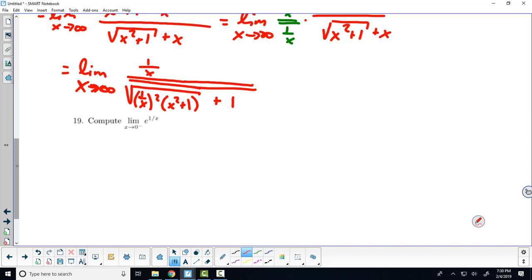No. Okay, so I'm distributing this 1 over x to both terms in the denominator, right? When I distribute the 1 over x to the second term, you see I get 1 over x times x. That gives me that 1 there. When I distribute this to the first term, I'm now going to pass 1 over x inside the square root.